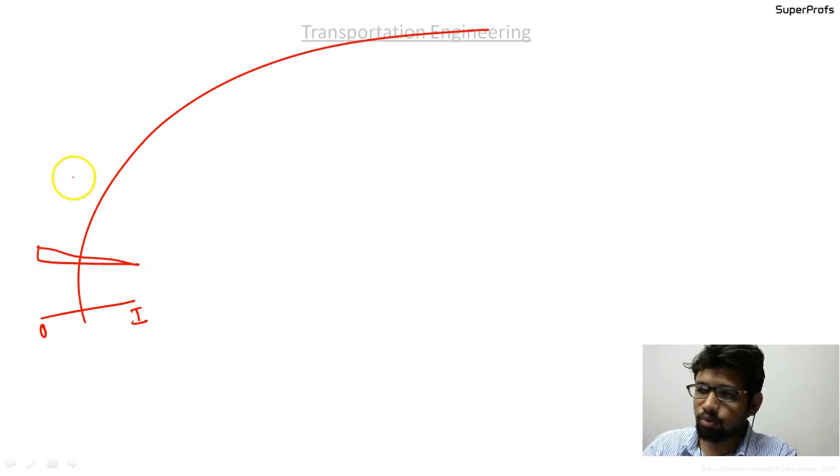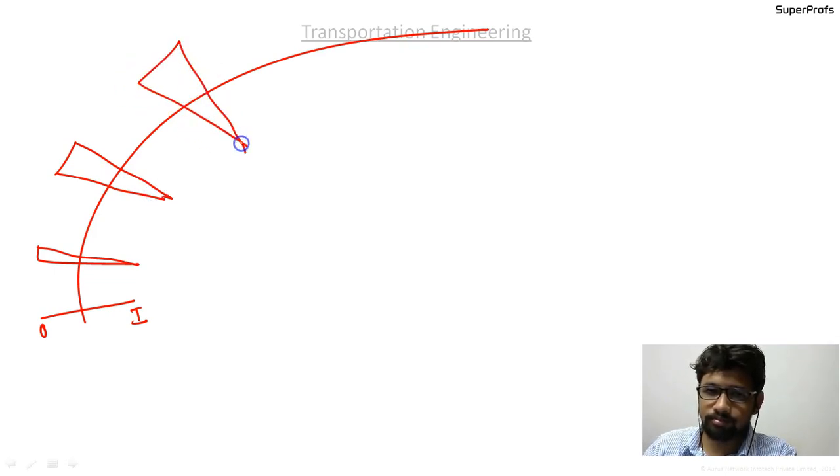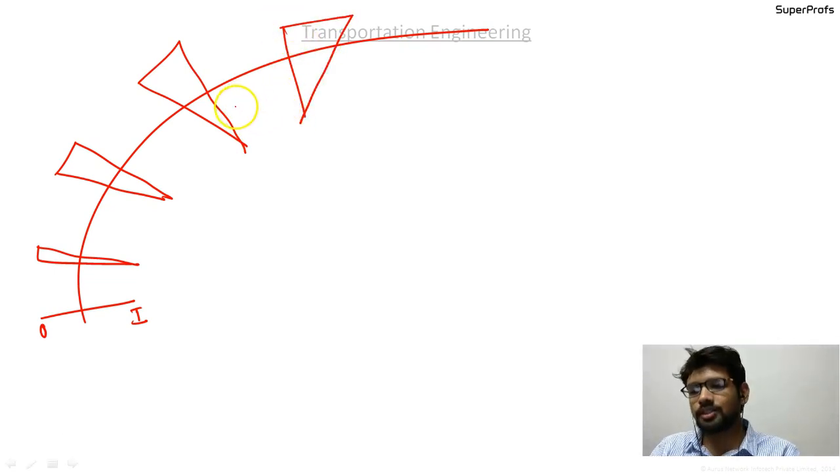If you move still more ahead, then the super elevation will be still increased, and if you move ahead, there will be still more increase. So it is the rate of change of super elevation. Super elevation is also changing as the length of the transition curve is changing. So in simpler terms, super elevation is also in the transition phase.